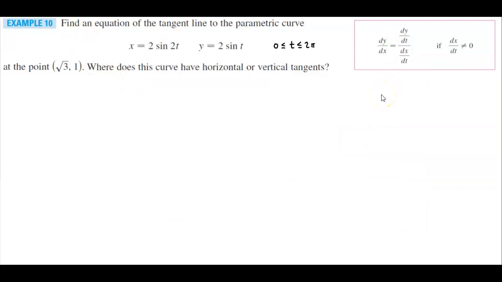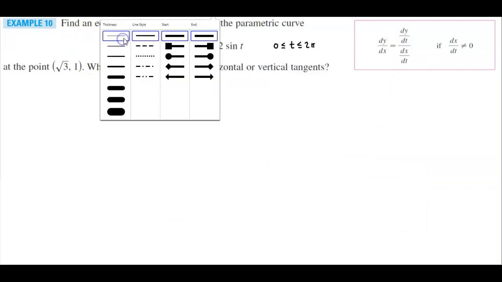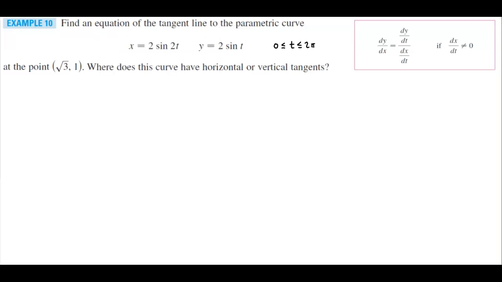Now, we have our equation or formula number 7, over to the right here. What that tells us is that if we want to find the derivative with respect to x, the dy over dx, when we talk about parametric equations, we want to find dy/dt over dx/dt.